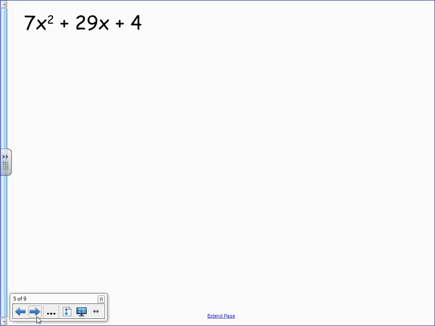Let's start with 7x squared plus 29x plus 4. If I look back at my tips for successful factoring, I should check if there are any common factors for the numbers 7, 29, or 4. But there aren't. So I'm going to go ahead and start with my magic number process. I'm first going to draw my 2 sets of parentheses.